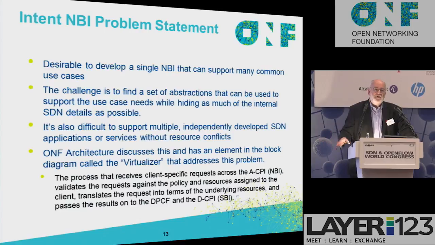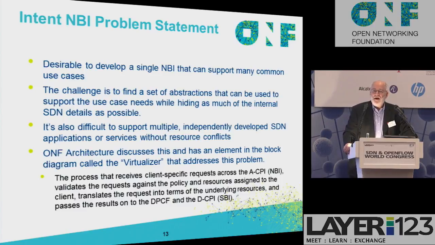So no matter what your use case is for SDN, and we heard a large number of use cases in Alex's talk previously, what we'd like to be able to do is support all of those with one single northbound interface. So the challenge is to really find a set of abstractions that work for all these use cases, because as I said before, applications work against a set of abstractions in the network.